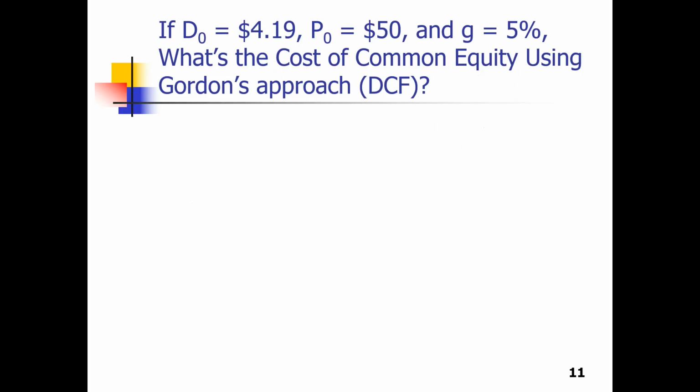Again, we look at both of these inputs available from Bloomberg or available today. The growth rate is 5%. As I promised, very soon I will show you how to calculate the growth rate. What is the cost of common equity using Gordon's approach, or discounted cash flow, or Professor Gordon's method?